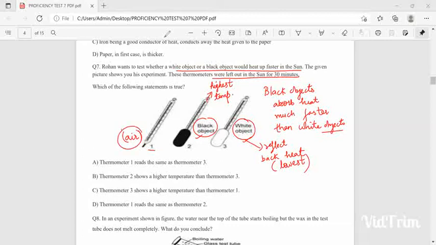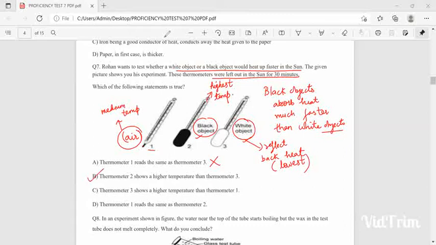So now if we look at the options one by one, option A is thermometer 1 reads the same as thermometer 3. No, this is incorrect. Option B is thermometer 2 shows a higher temperature than thermometer 3. This is the correct answer. Thermometer 2 is having the highest temperature, higher than thermometers 1 and 3.